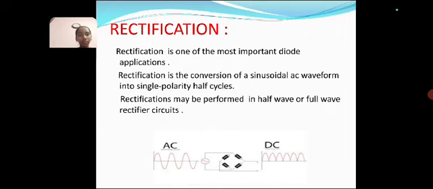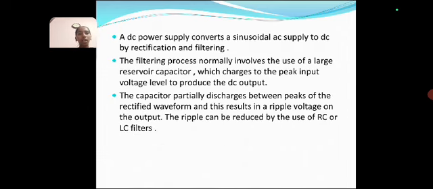In this figure, we can observe the AC waveform is being converted into DC. A DC power supply converts a sinusoidal AC supply to DC by rectification and filtering. The filtering process normally involves the use of a large reservoir capacitor, which charges to the peak input voltage level to produce the DC output.